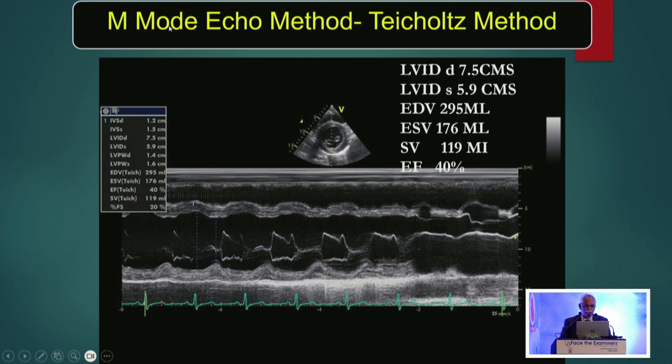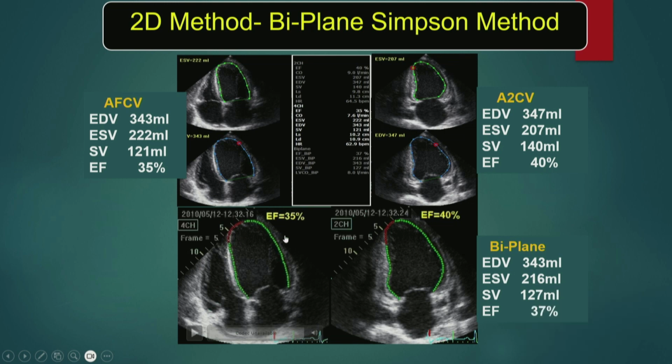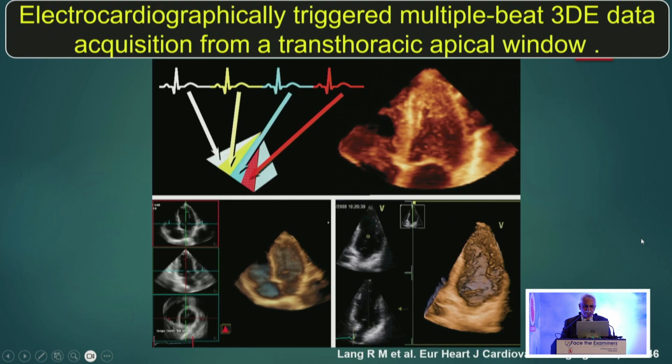So again, to impress upon you, M-mode echocardiography should not be used for calculating the volumes and the ejection fraction. So the Teichholz method and the cube method should be abandoned. We should use only the two-dimensional echocardiographic method, especially the biplane Simpson method, for measuring the left ventricular diastolic volume, the systolic volume, and the ejection fraction.